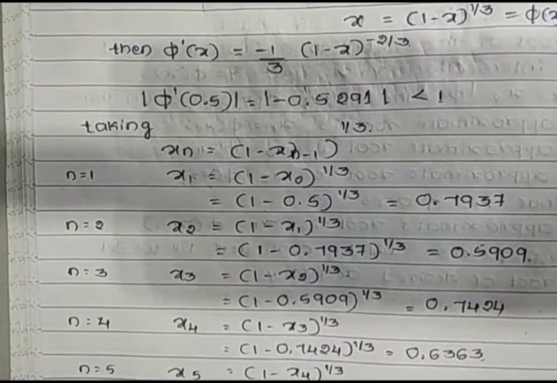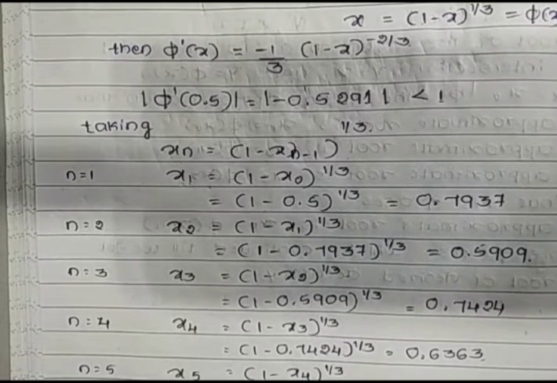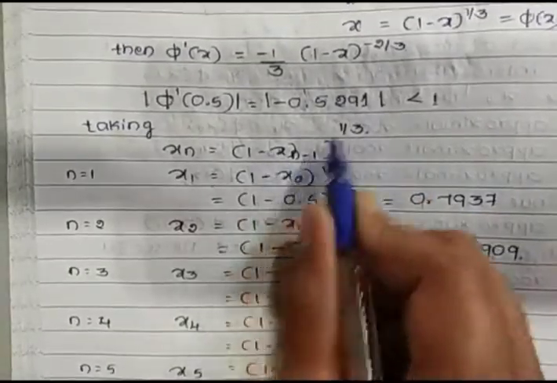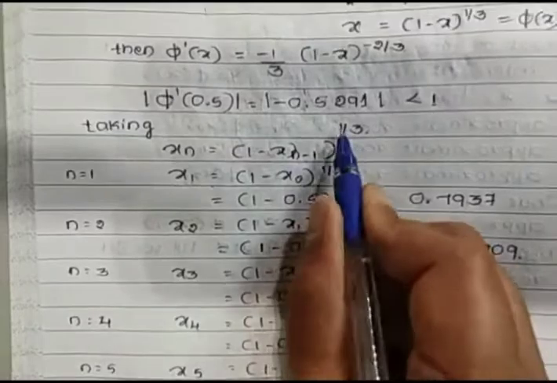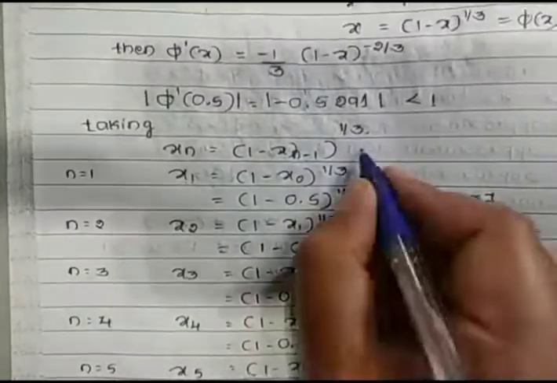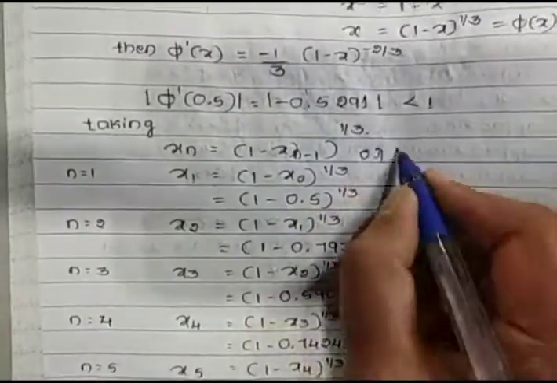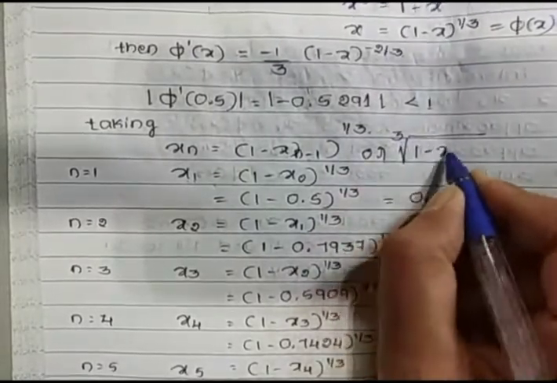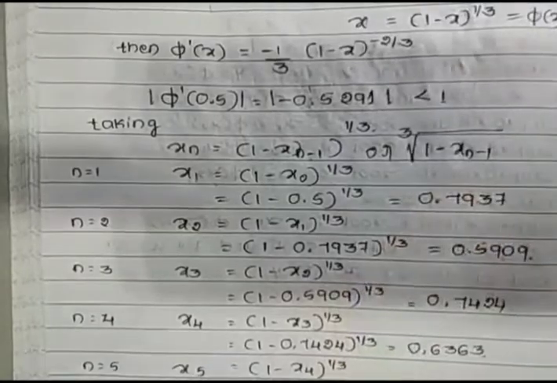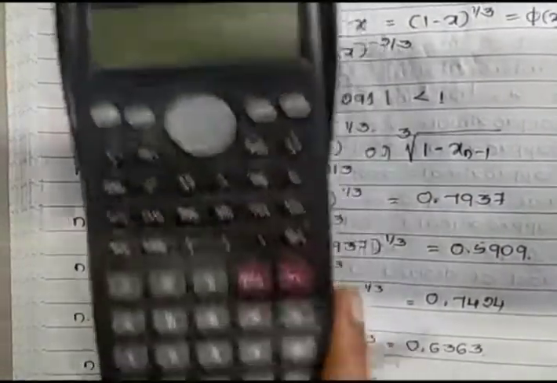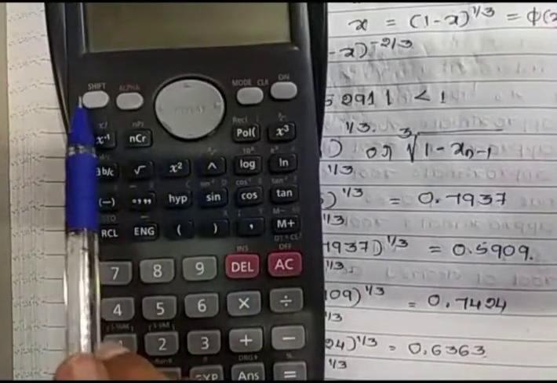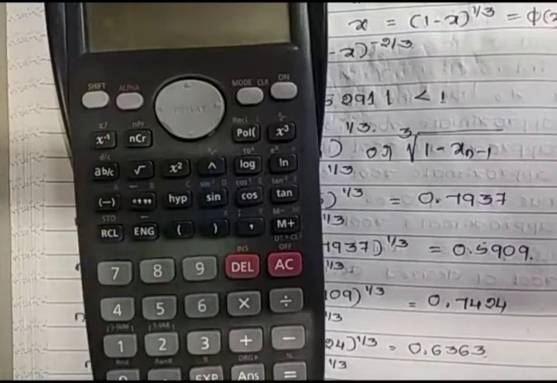Now, how to simplify this with the help of a calculator? We can write (1 minus x n minus 1) raised to 1 by 3 as the cube root of (1 minus x n minus 1), because on the calculator we have the cube root sign. You can observe here we have the cube root sign. Using the shift button we can simplify this.